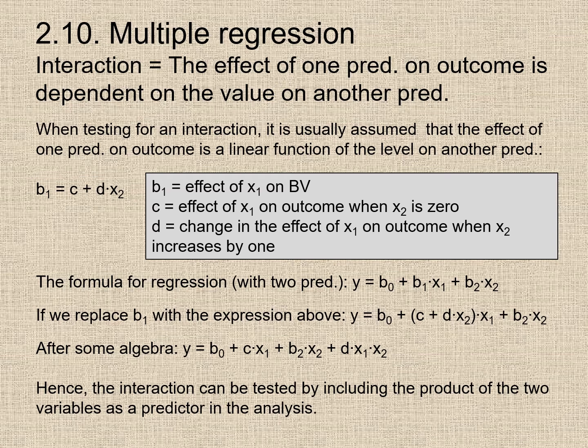And we get 3 regression coefficients, and we have a look at them. The one we're most interested in is this called D here. If that is significant, it indicates that there is a significant interaction. It indicates that the effect of one of the predictors on the outcome variable looks different between different values on the other predictor.